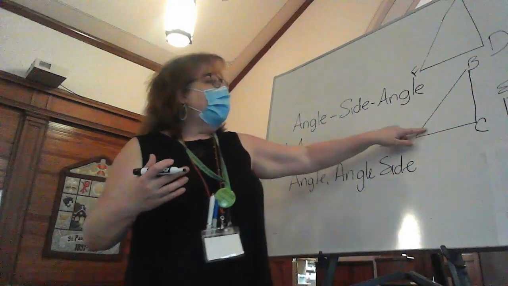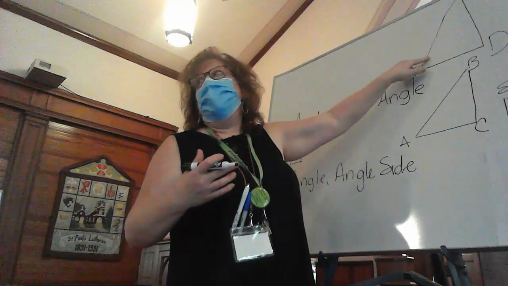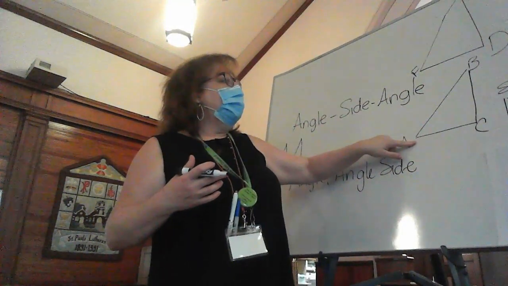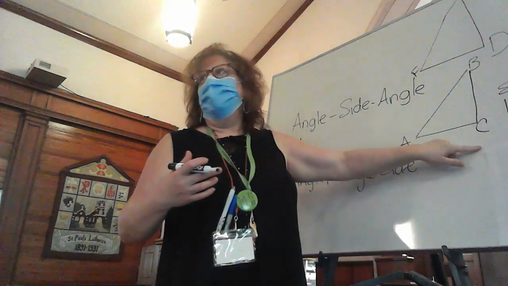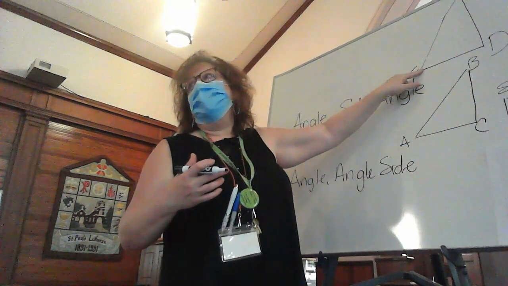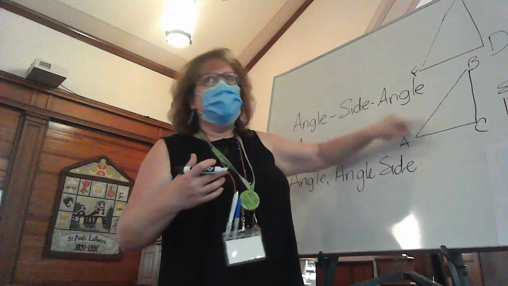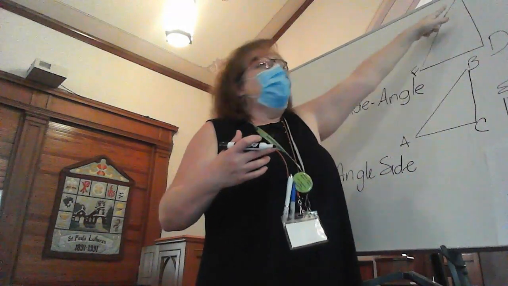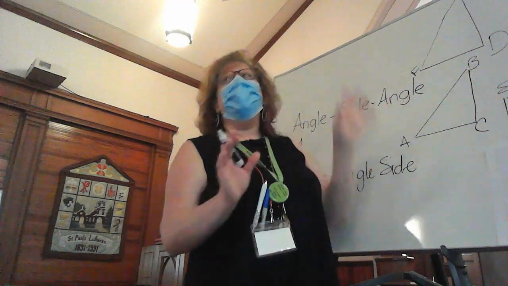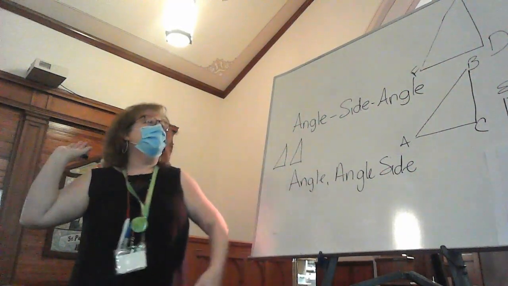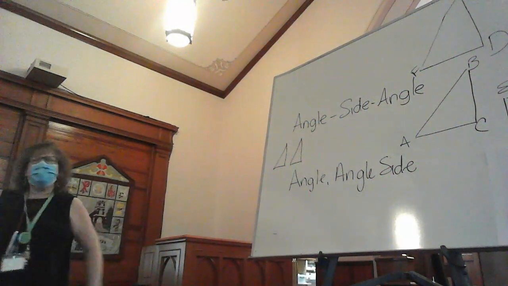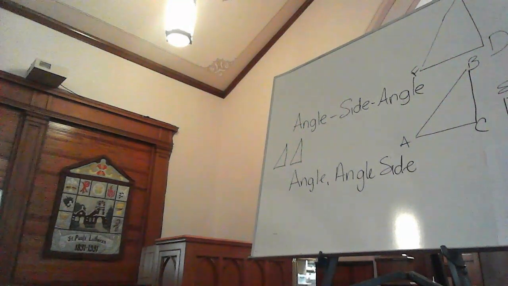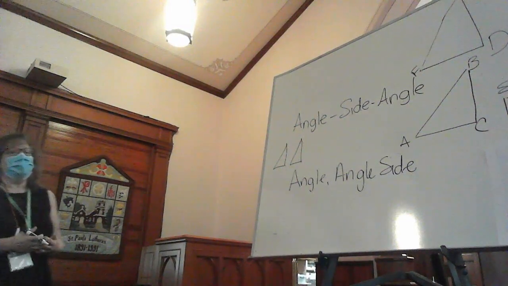And because this angle is what's congruent to this angle, this is the start of its name, A, B, C. This has to be the start of this one's name, because these are the two that are congruent. And then if these two are congruent, this has to be the next one. So I can't just haphazardly say, oh yeah, BAC and FED, they're congruent, because now I have to be really cautious in the order that I'm saying those letters.